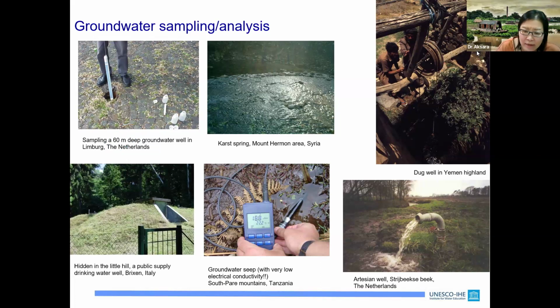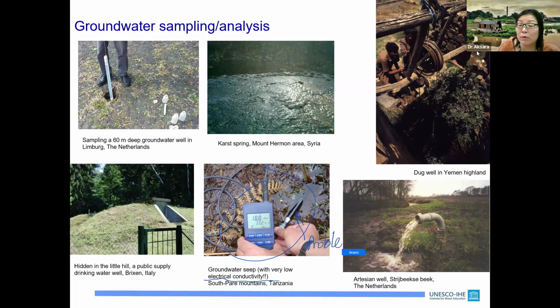And then we use many groundwater probes just to measure the water quality. This one you can see that we use electrical conductivity probes. So this is the probe. It looks just like a pen, but we call it a probe.